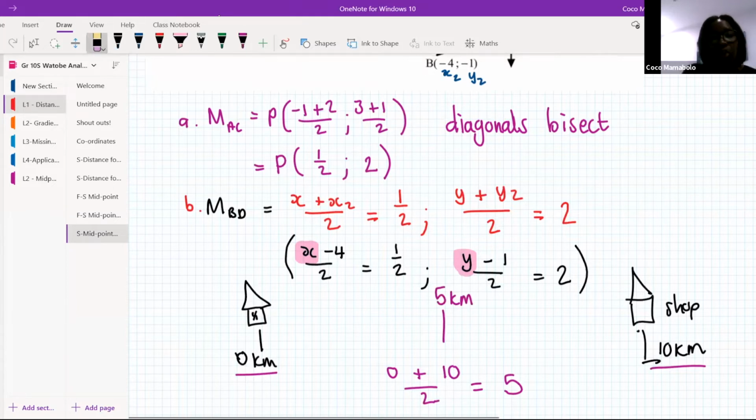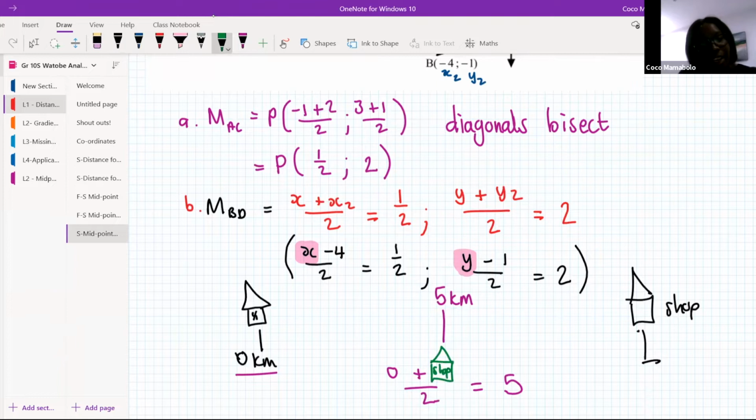Now, if I don't give you the end point, I give you the beginning point and the midpoint, what I'm saying is 0 plus shop divided by 2 is equal to 5. And then I have to solve for what shop is.